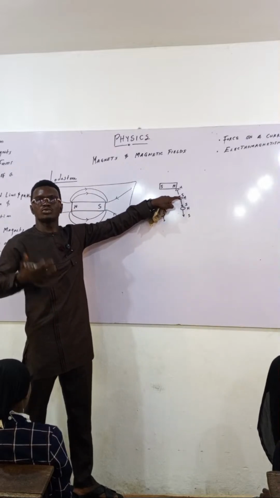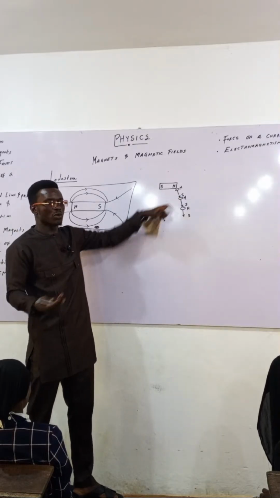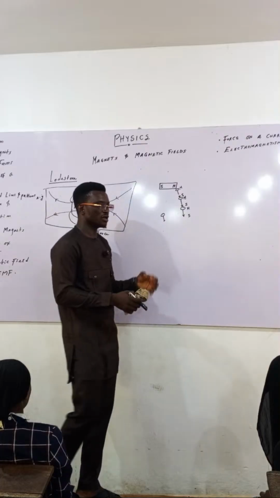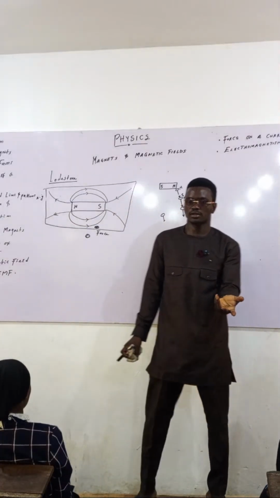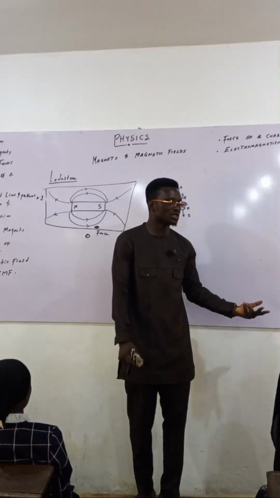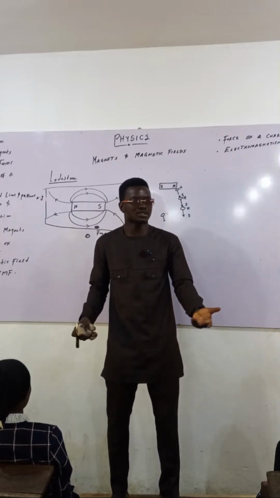When I make you do what you will not do naturally, it means I've induced you. Sometimes a woman might want to give birth, and you give a hormone, oxytocin, just to induce the labor, to make sure that the woman gives birth easily.